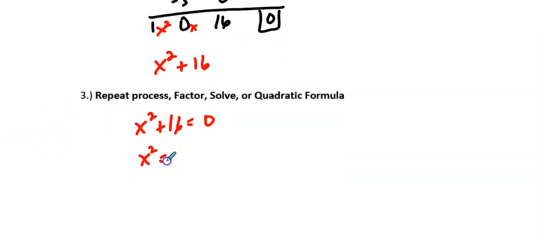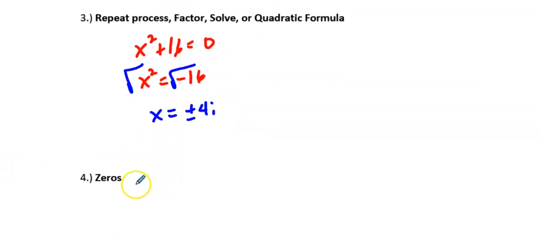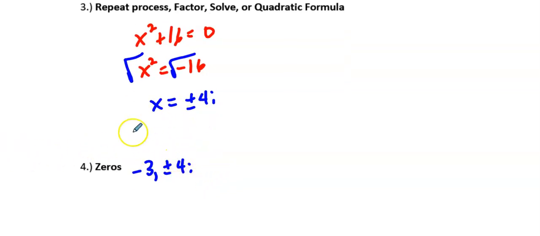So x squared is going to be equal to -16, and we'll square root both sides to get x is equal to plus or minus 4i. So we have all of our zeros in this case. We confirmed the -3 using synthetic, and we have plus or minus 4i. So based upon our fundamental theorem of algebra, we have all 3 of our zeros.